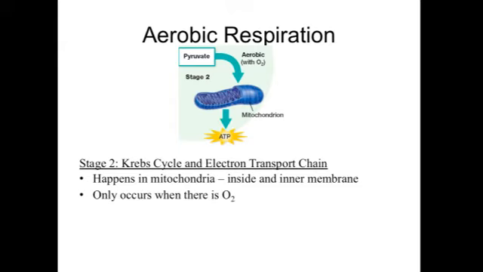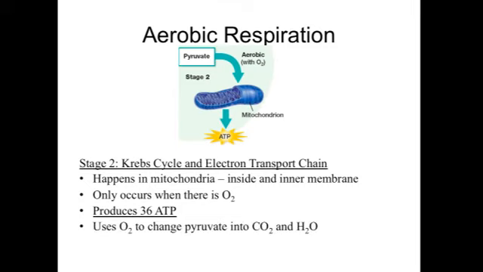It is going to utilize that oxygen, so it's going to need the oxygen in order to break down and create our 36 ATPs. I think I said 38 before, I meant 36 ATPs. As a result, we are going to produce carbon dioxide and water. And as you remember, those are waste products. We as humans breathe those out.